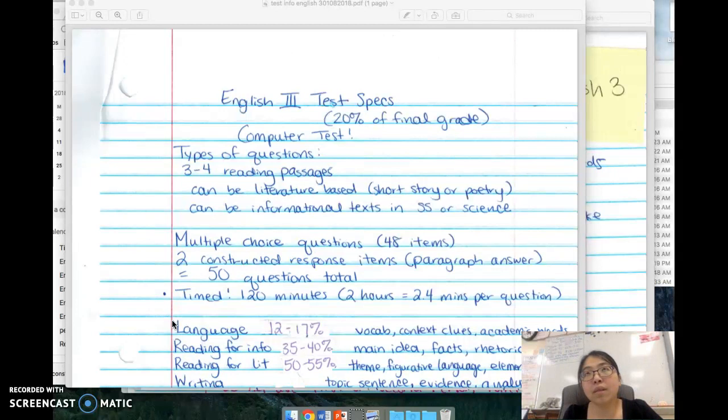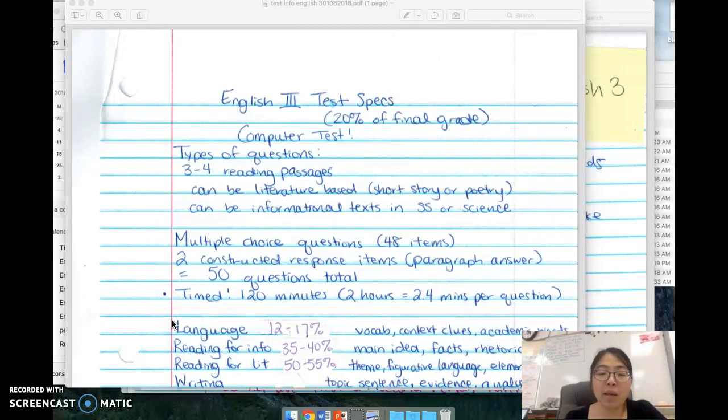This test is very similar to your English 2 EOC, except for the fact that it is a little bit shorter. And when I say that it is timed, I mean it is actually timed. In the English 2 EOC, you guys got like an extra hour if you didn't finish on time. But that is not going to happen on the English 3 NC final exam.